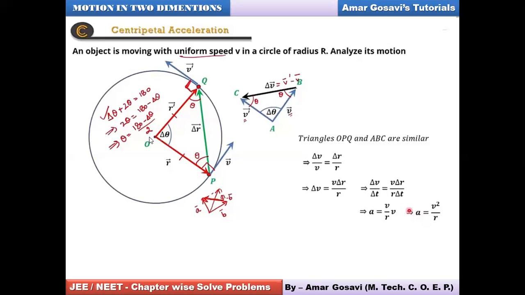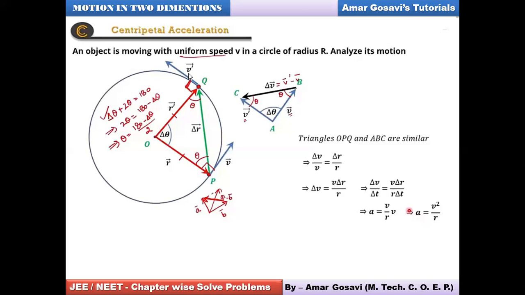Alright. Now, if I want the velocity at P, I will draw a tangent at P. I've drawn it. This is the direction of V bar at P. But when the position changes to Q, the direction would be given by the tangent drawn at that point, that is point Q. So at Q, I will draw the tangent.